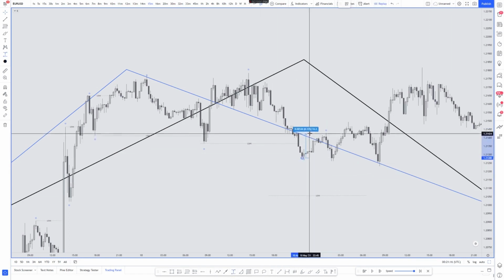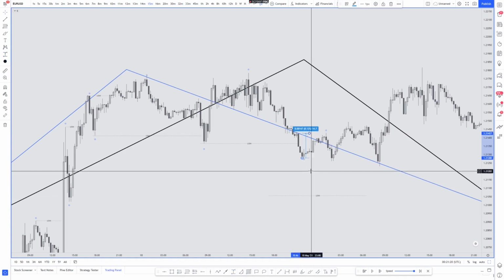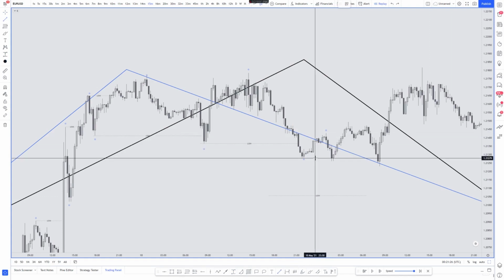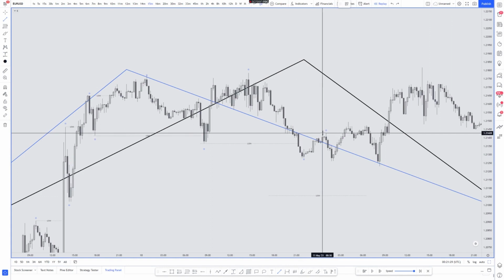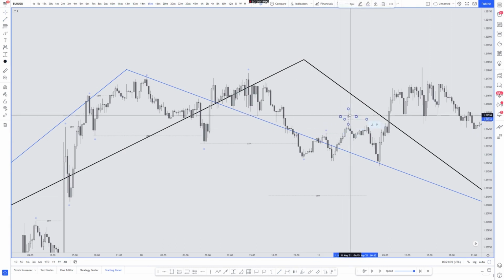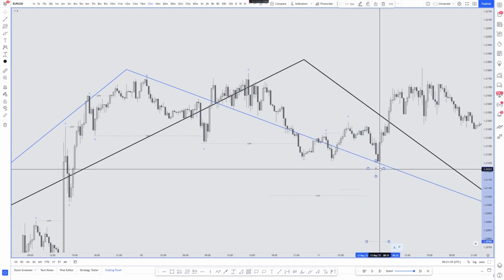Let's see. So 15, yeah, 14.7. So unfortunately that is structure. And here we fail to create a new low. However, we end up making a new high just to create a new low.